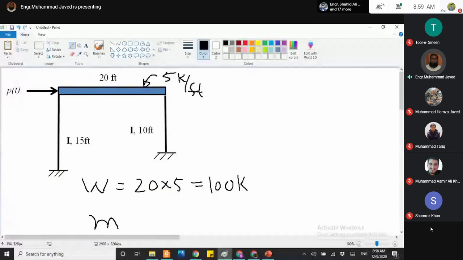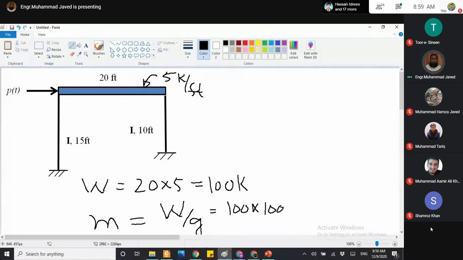And if we calculate the mass, that will be equal to 100 into 1000 divided by 32.2.